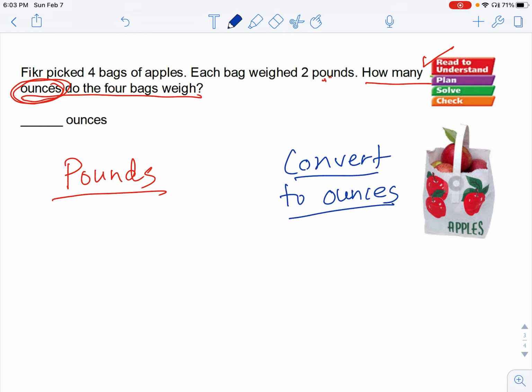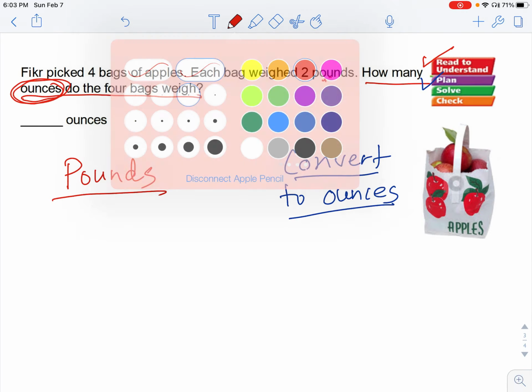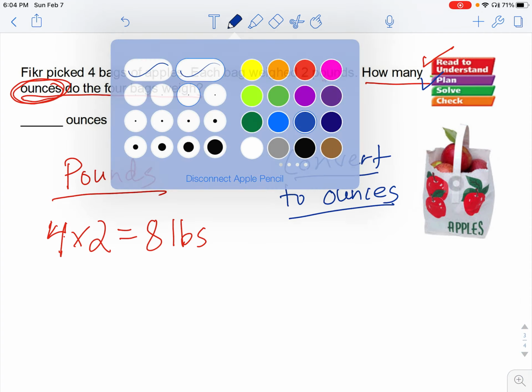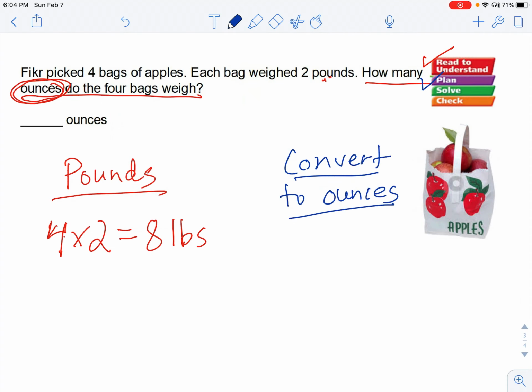Okay, so now I have my plan. So how many pounds? 4 bags of apples, each weighing 2 pounds. So if there are 4 bags and they each weighed 2 pounds, I'm going to use multiplication to figure out that she had 8 pounds. And now I'm ready. I will not get tricked by this problem. Ready to convert it to ounces. So I know that 1 pound is 16 ounces.